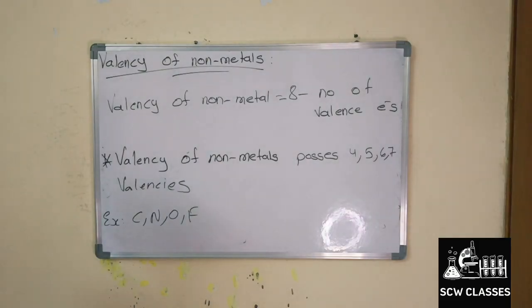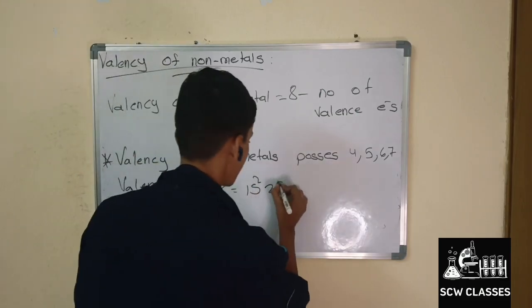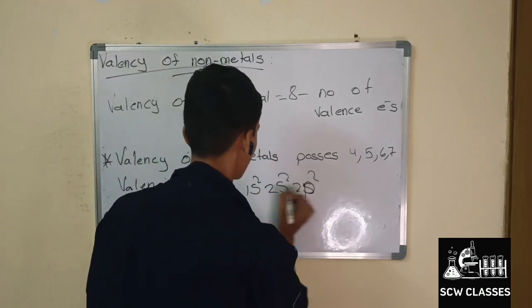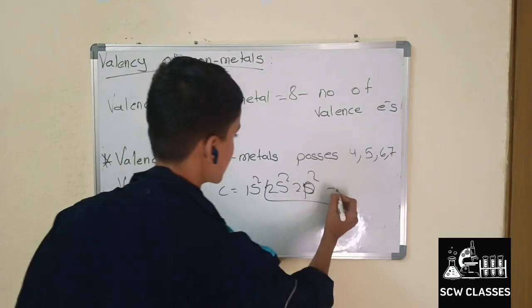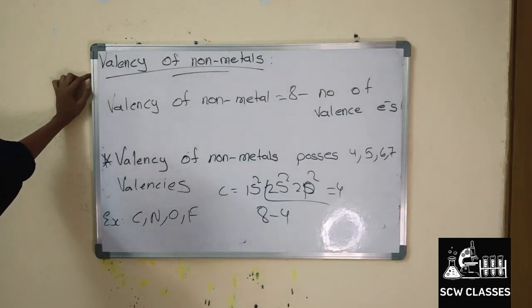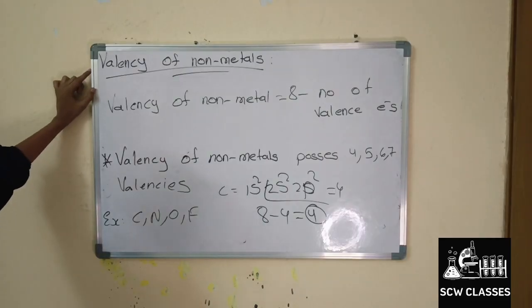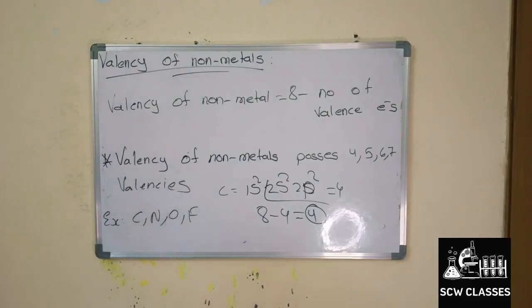Carbon's electronic configuration is 1s2, 2s2, 2p2. It has 4 valence electrons, then 8 minus 4, so the valency of carbon is 4. Tell me in the comments what the valency of nitrogen, oxygen and fluorine is. Note it, guys. Clear?